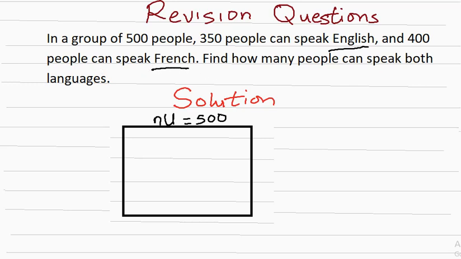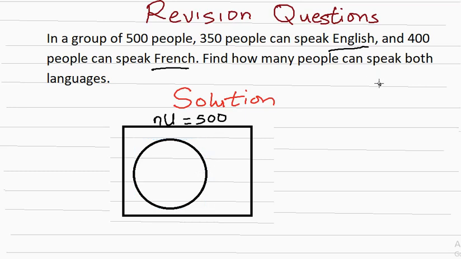So I'm going to use a circle. This circle represents the set that speaks English.